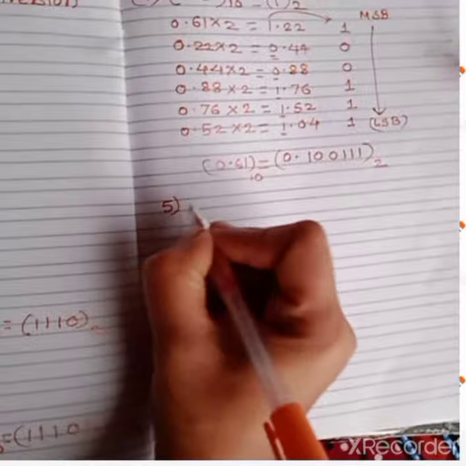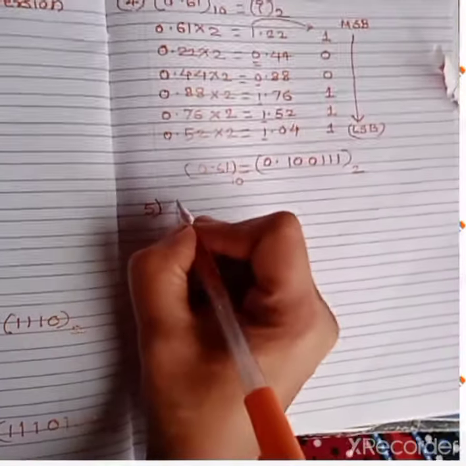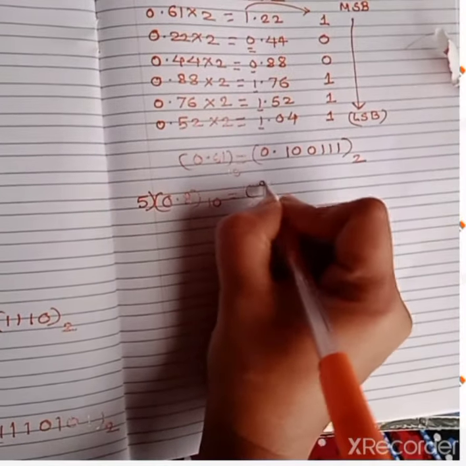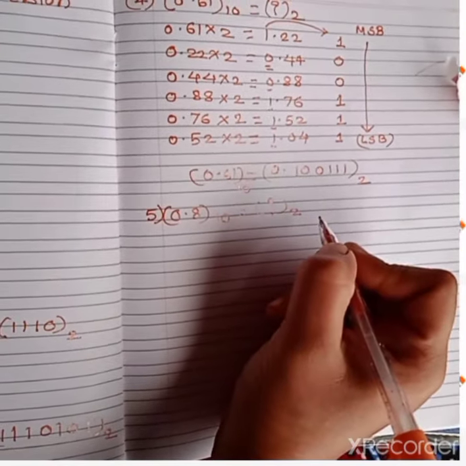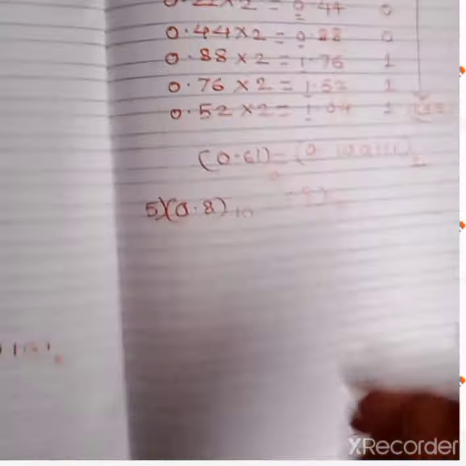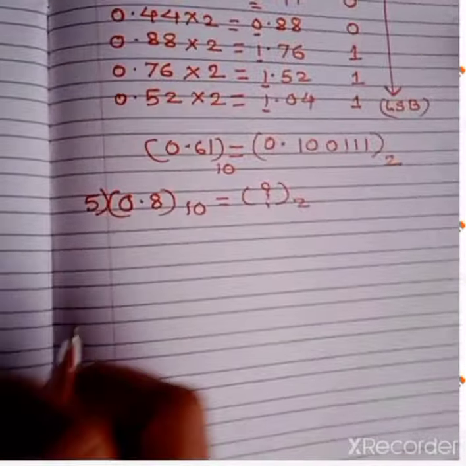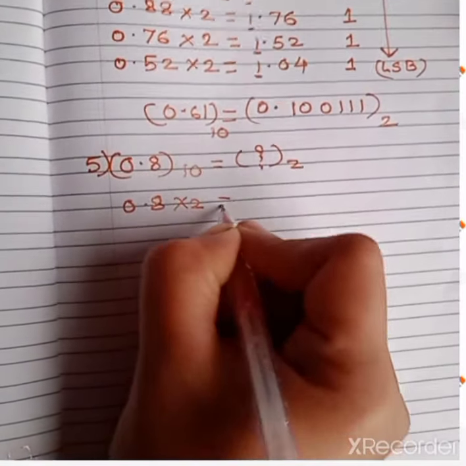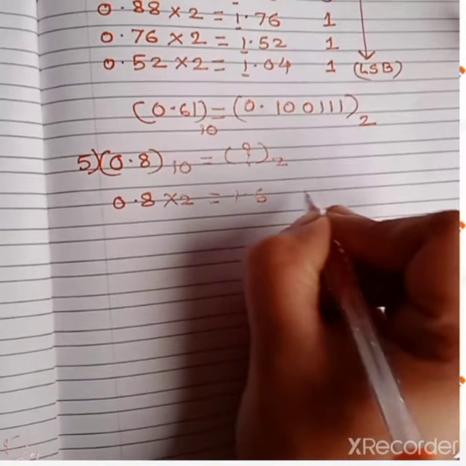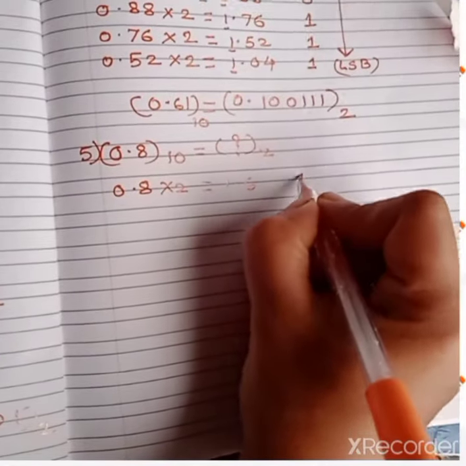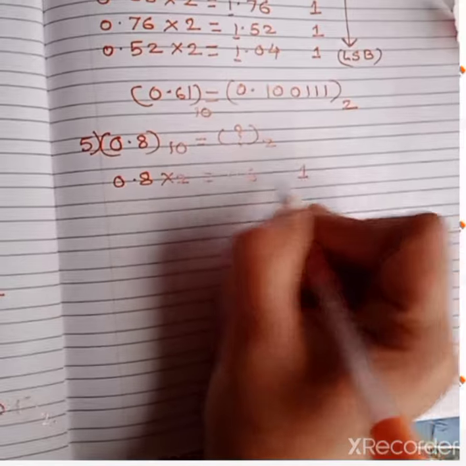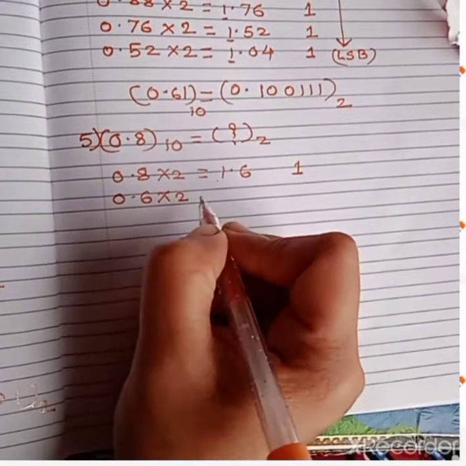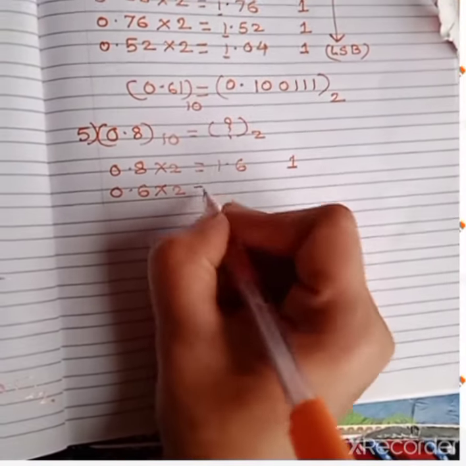Then we'll see next example, 0.8 to the base 10. Find out binary equivalent. 0.8 multiplied by 2. Answer is 1.6. This one will go here and 0.6 will take below, and again we'll multiply it with 2.